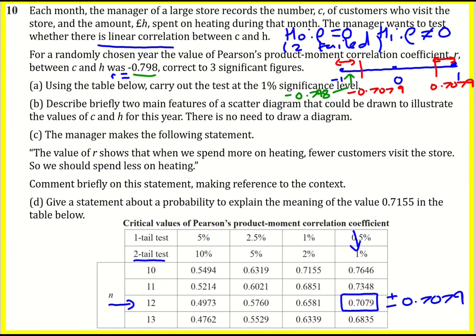And that's what I need to know. So I write down minus 0.798 is less than minus 0.7079. Therefore, I will reject H naught. We're in the critical region.